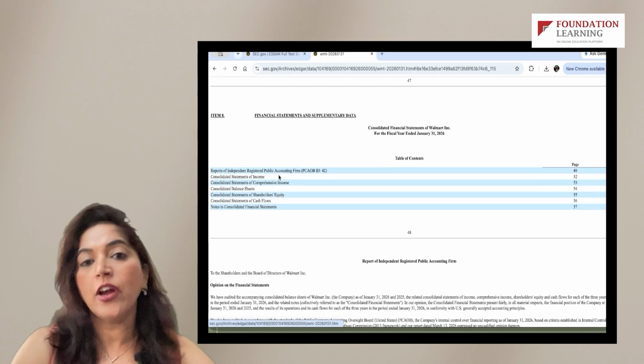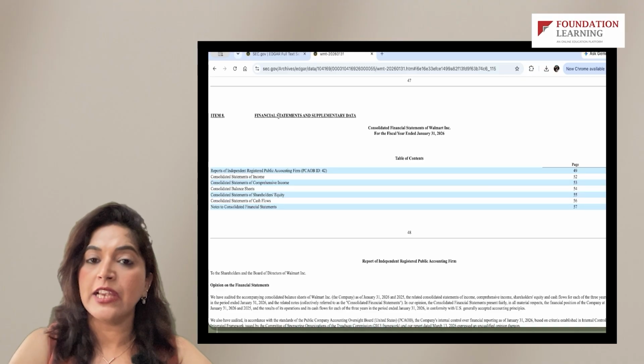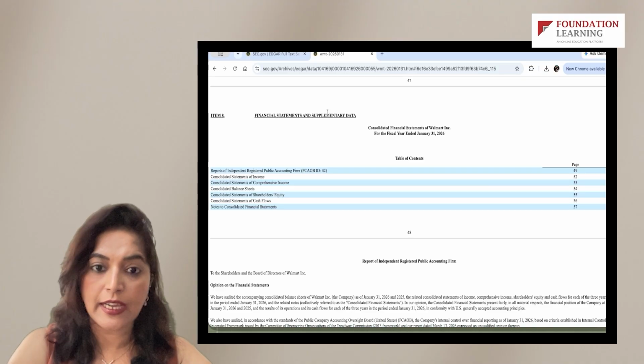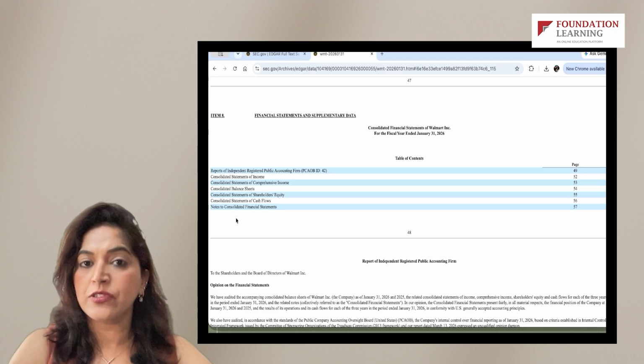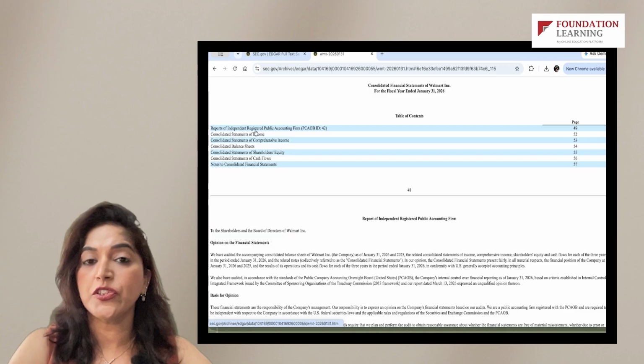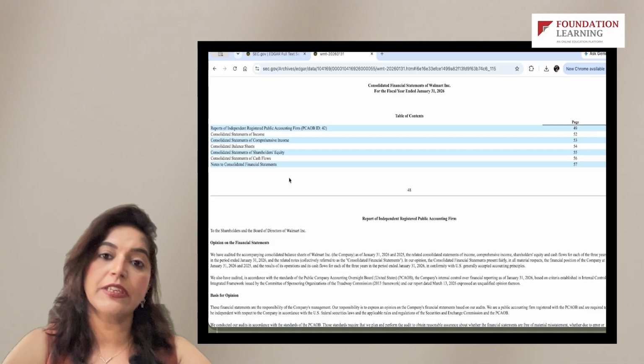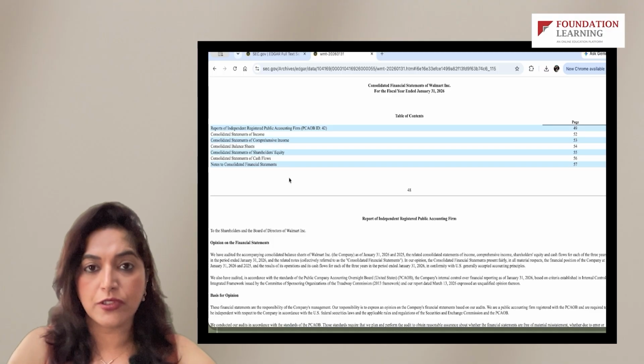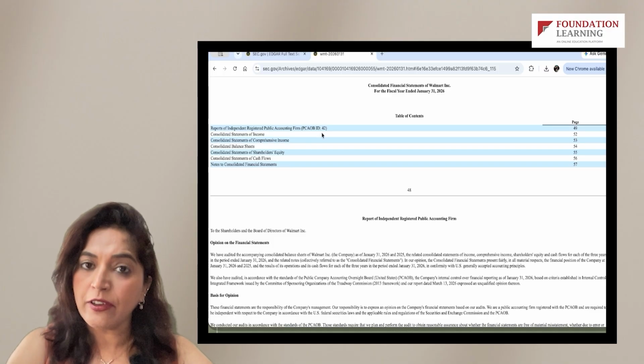As you can see on my screen, item 8 is financial statements and supplementary data, and a number of financial statements are presented. The first item that we have here is the report of the independent registered public accounting firm. It is basically a CPA firm which is giving a report on the financials of a company. What kind of report is there?